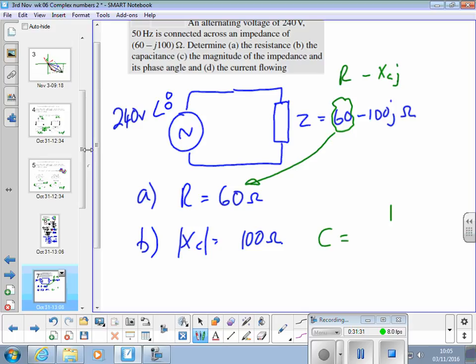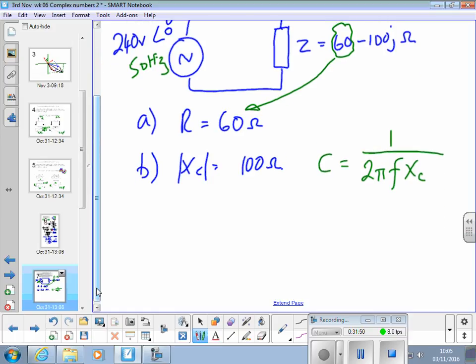Hertz. C equals 1 over 2 pi F XC. The more times you write these things down, the more likely you are to remember them. You don't even need me to give it to you.